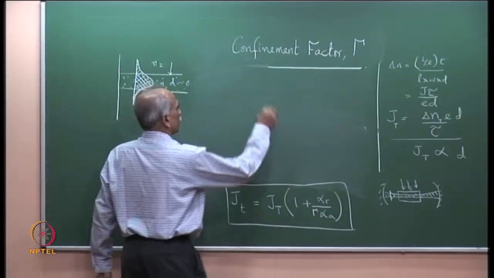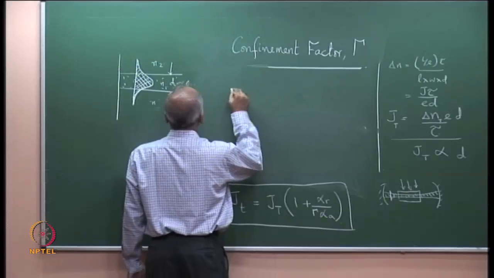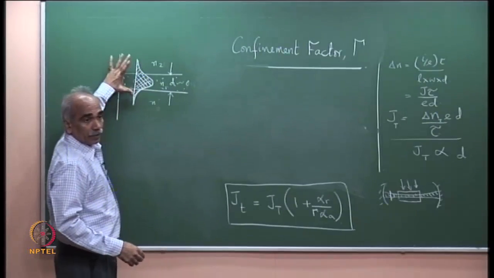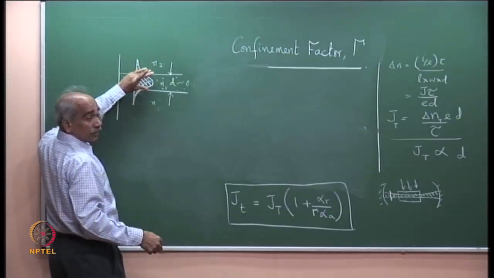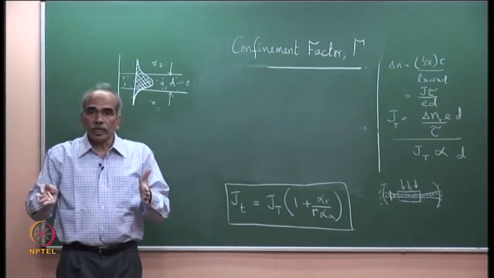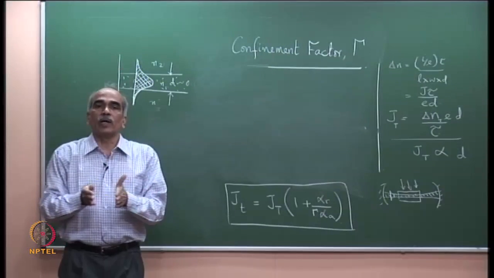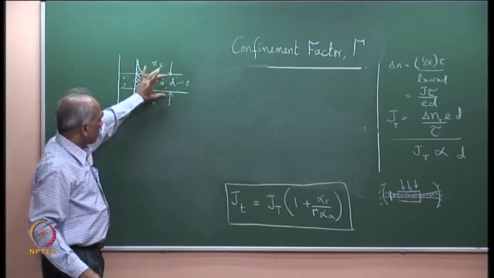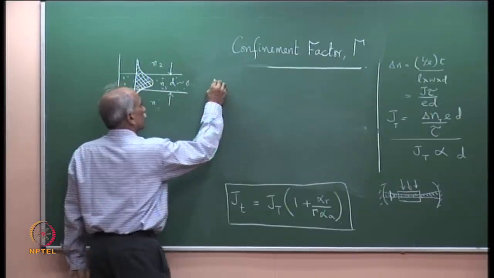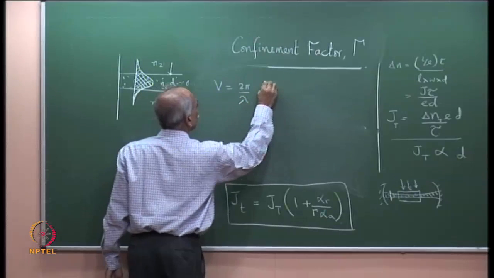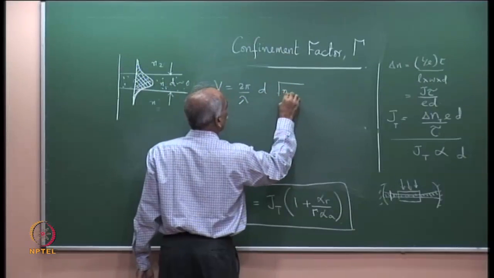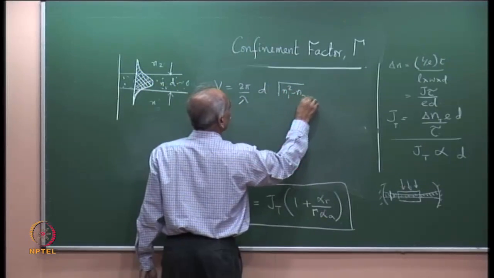Now, you see something. If this is the optical waveguide, the fractional energy which is inside, or the confinement of a mode to the waveguide, is determined by the V number. So, the V number is 2 pi by lambda into d into square root of n1 square minus n2 square.